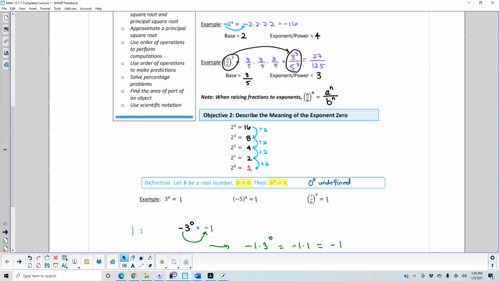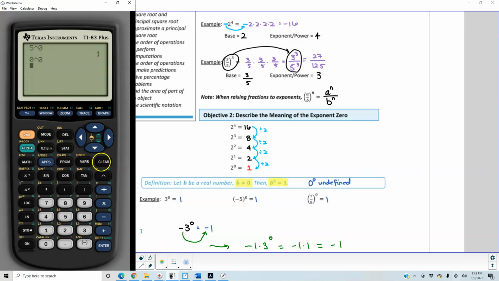Let's just verify our results in our calculator. Okay, if we have 3 to the 0 power, it's going to give us 1. If we put in parentheses negative 5 and raise that to the 0 power, we also get positive 1. If we take our fraction in parentheses, 7 divided by 8, and raise that to 0, we get 1.